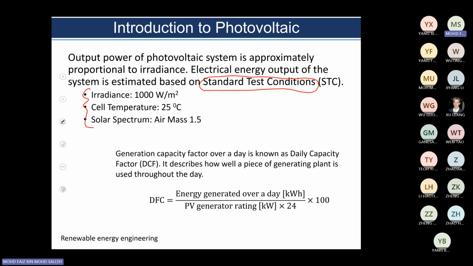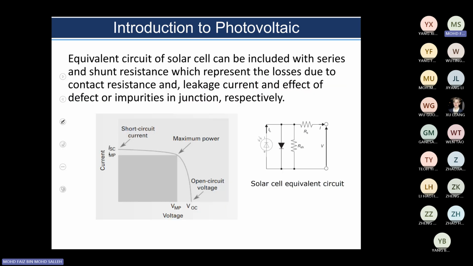This is roughly how to calculate per year. This one you can also read. Okay, this one, I think you learned in undergraduate studies, right? How many of you still remember?